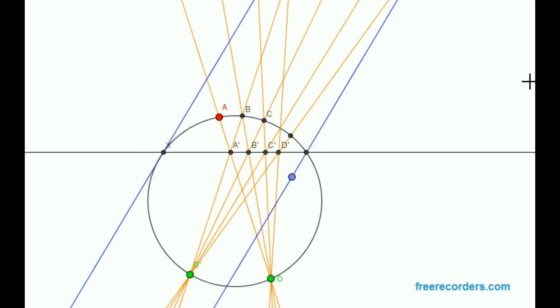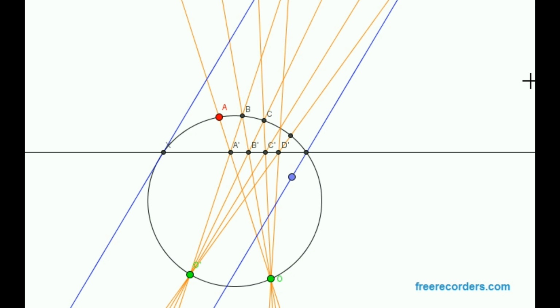Well, to do this, let's call the left contact point of the black line with the circle X, and we're going to draw a line through X and a parallel line through the other contact point of the circle and the line.